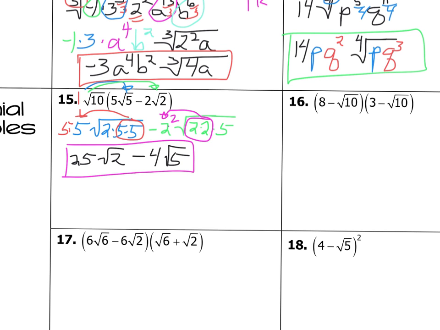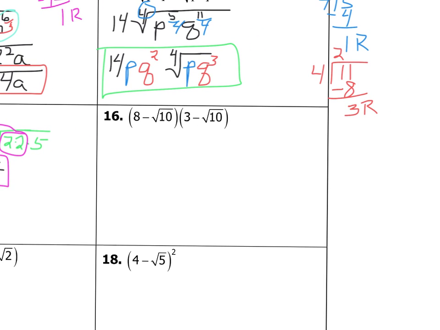So let's look at a binomial times a binomial. So you're going to FOIL. You're going to do first, and then you're going to do outer, and then you're going to do inner, and then you're going to do last. Okay, so for my first, I'm going to multiply the 8 to the 3, which is 24.